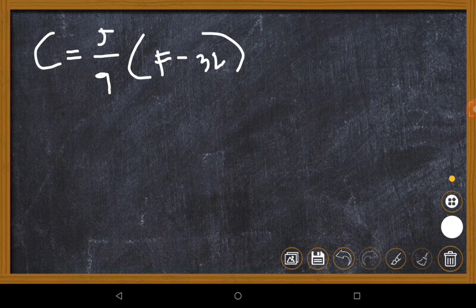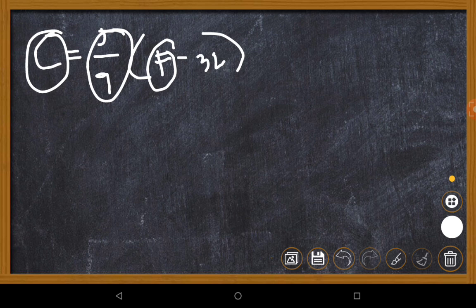While in order to get the formula for Fahrenheit, if the given is Celsius, now we need to think of a solution where we can eliminate this fraction, this 5/9, and this negative 32. So first we need to eliminate this fraction, which is 5/9.